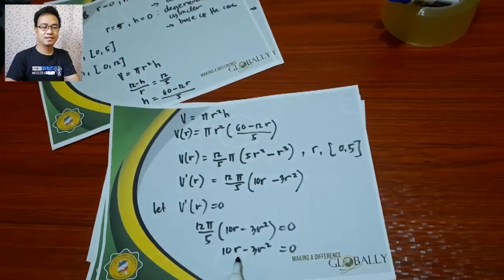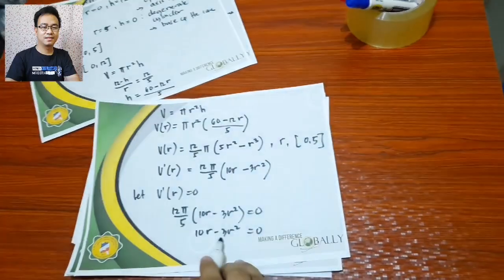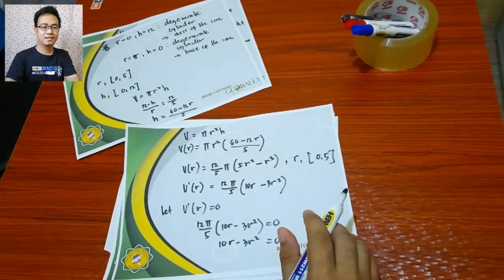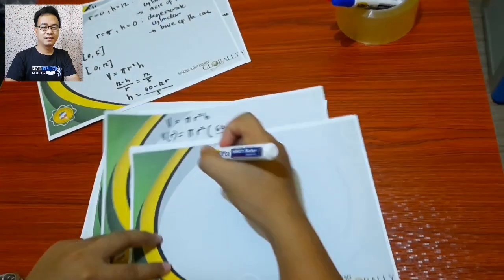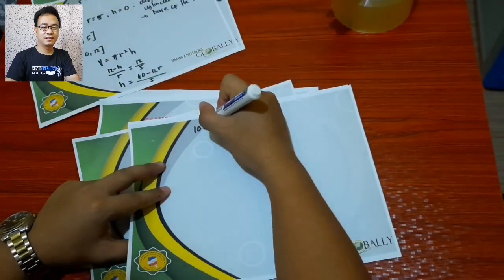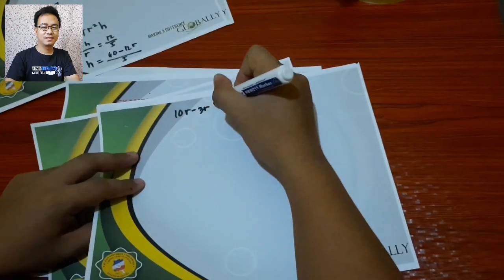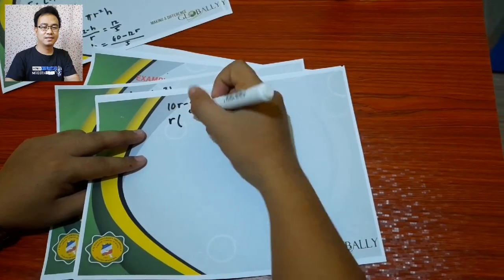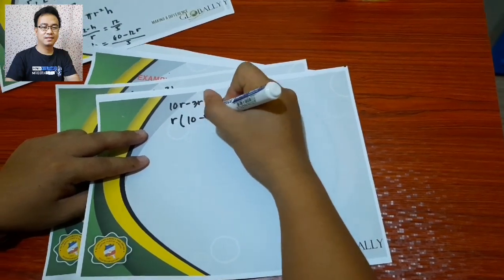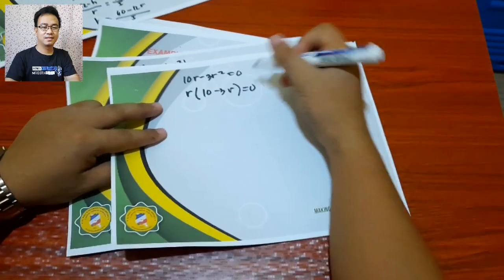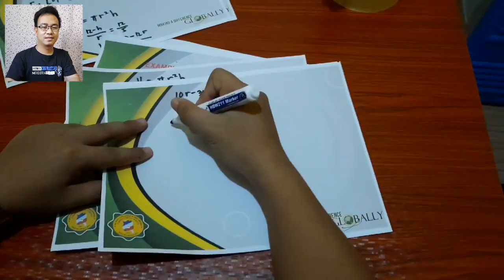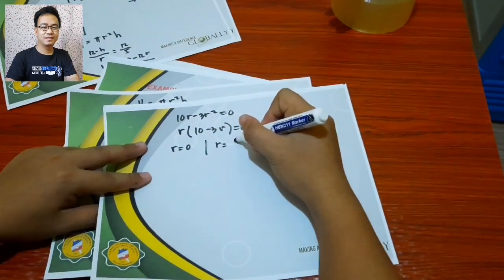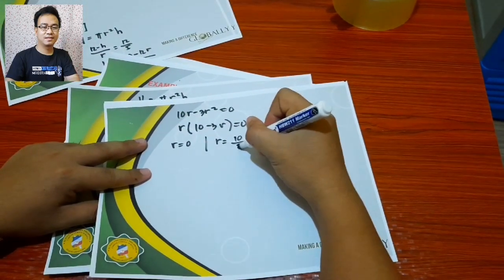Okay, you know that there is a common factor R, so we can factor out R. From 10R minus 3R squared equals 0, factor out R times 10 minus 3R equals 0. And then solving, the value of R will be equal to 0 and R will be equal to 10 over 3.